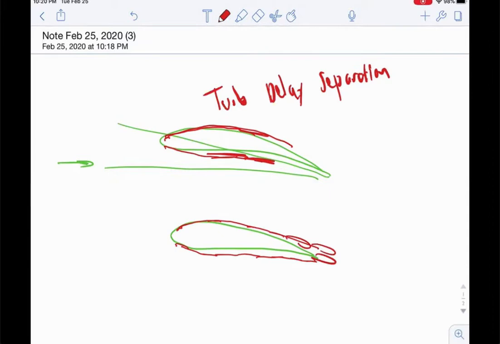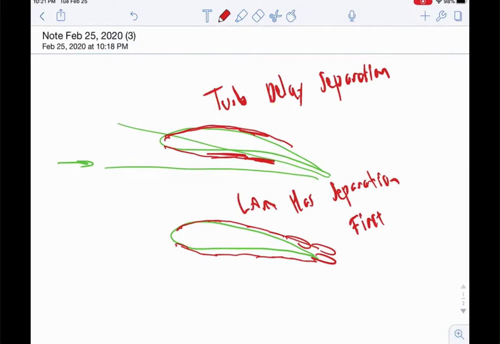Once this reaches a high enough angle of attack, you'll have full-on flow separation, stall, etc. So the laminar case has separation first, I'll say. And so, broadly speaking, at higher Reynolds number, you can delay separation.